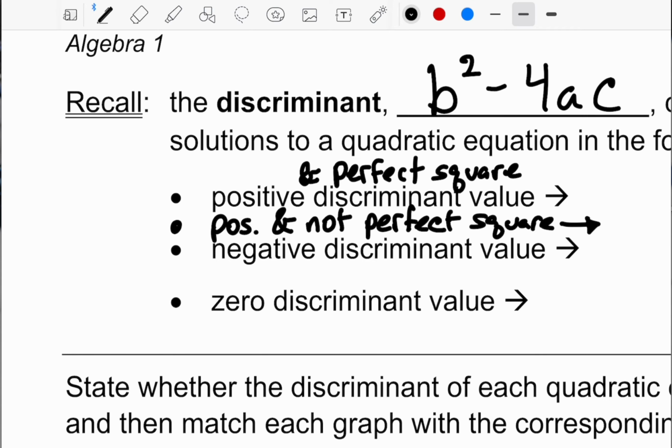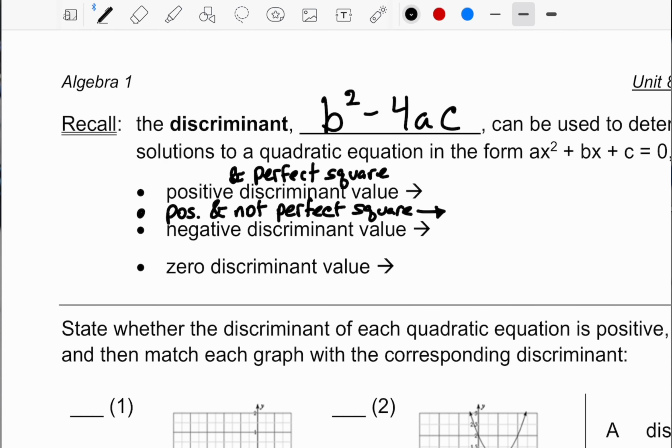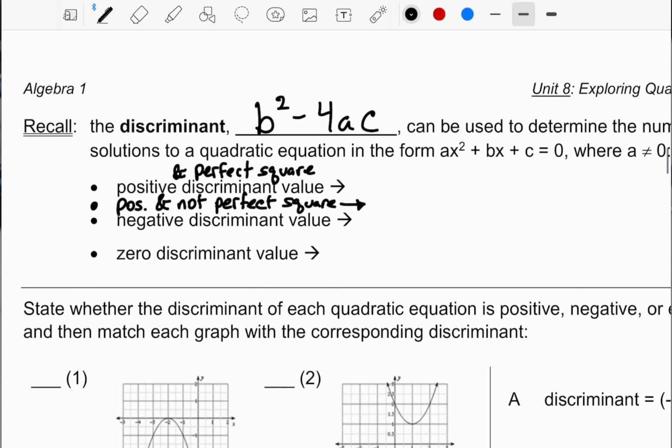There's a fresh new typo for somebody. So positive and perfect square, positive and not a perfect square. The positive perfect square was the case of having two real rational roots.